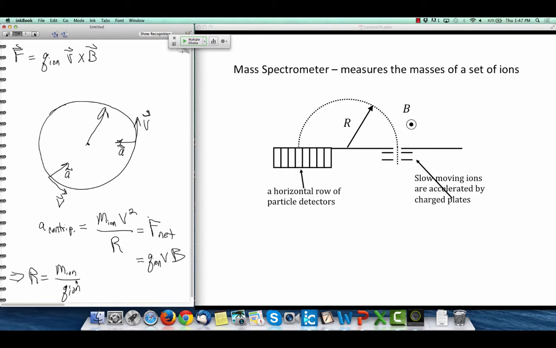I got V over B. If I've used a velocity selector, then all of the ions have the same velocity. They all sit in the same magnetic field. And so the ones with the larger mass have a larger radius. Strictly speaking, the larger mass to charge ratio.